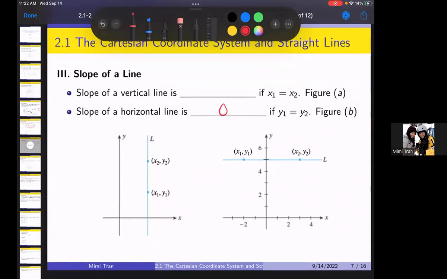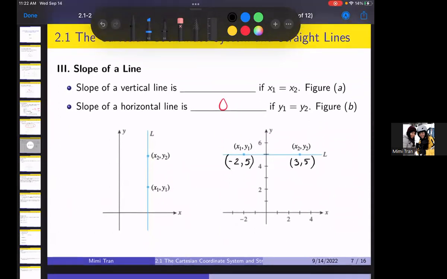So I have -2, 5 at this point. I'm going to plug in some numbers and see what happens. Sorry, the height is 5. And over here is 3, 5. I want you to calculate that slope for me.